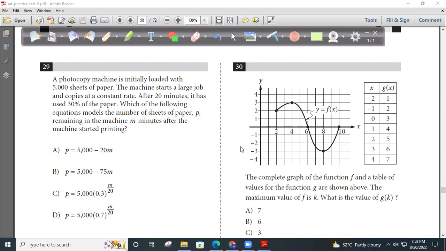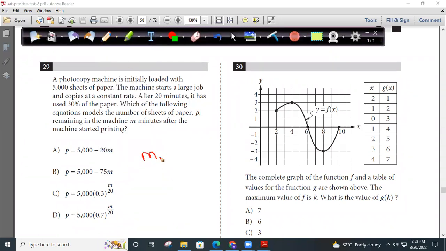Which of the following equations models the number of sheets of paper P remaining in the machine m minutes after the machine started printing? When m is equal to 0, P should be 5,000.